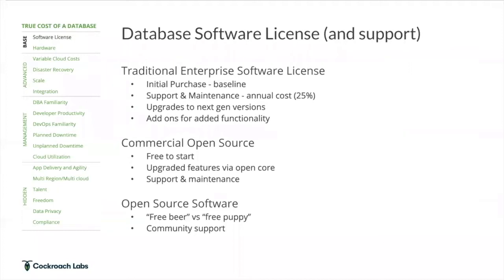There was a question about the traditional enterprise software license and what that 25% cost is. Typically, that's 25% of whatever your initial purchase was. So, let's just say Jim's database costs $100,000 for the scale that you want.